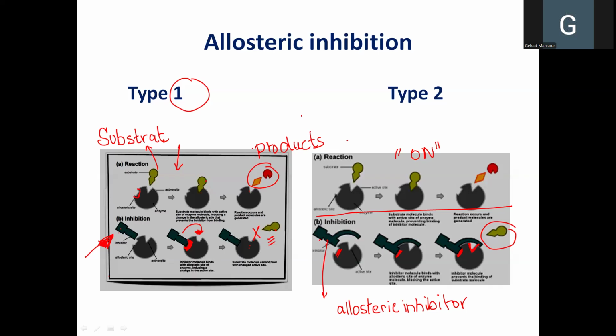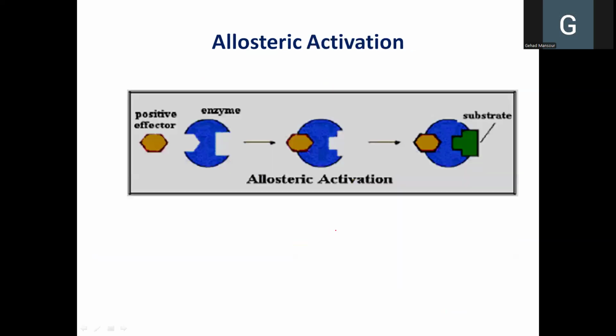So these are the two types of allosteric inhibitors and the two mechanisms of allosteric inhibition. So if I ever ask you about the mechanisms of allosteric inhibition, I am actually asking you to explain what happens in both cases.